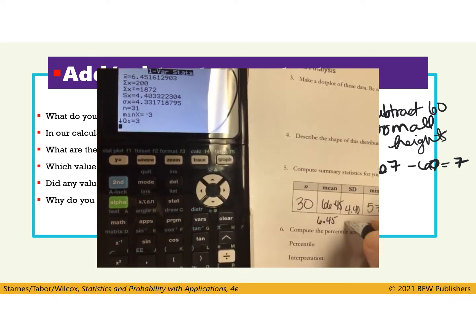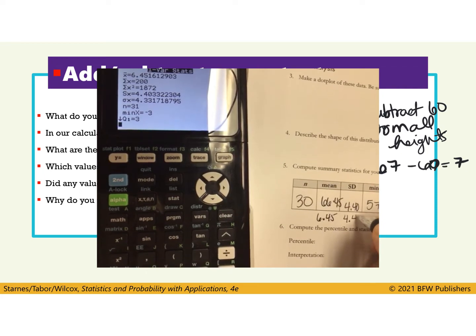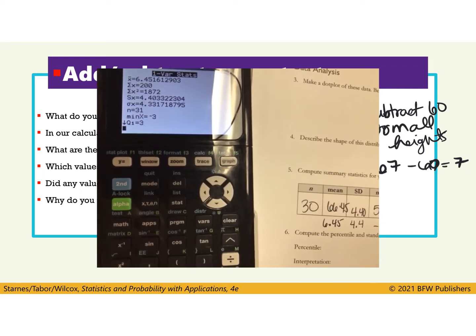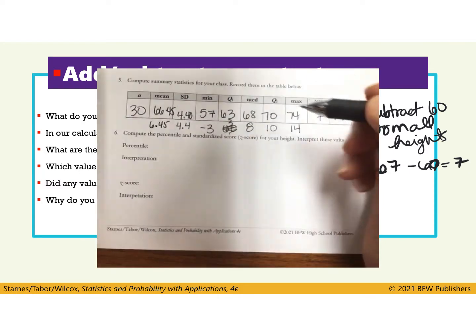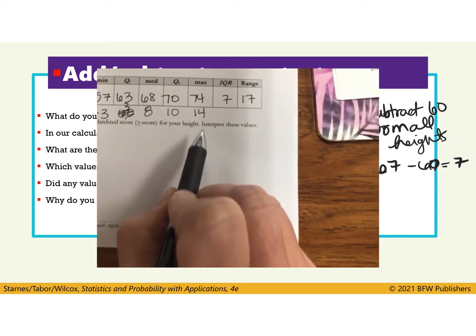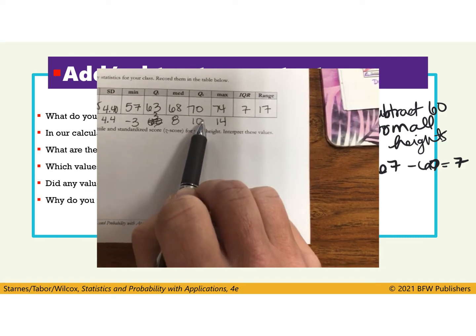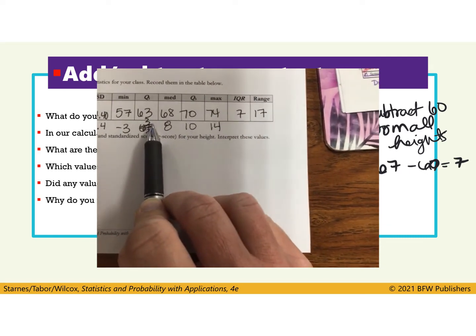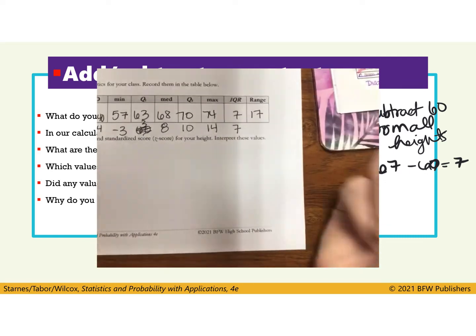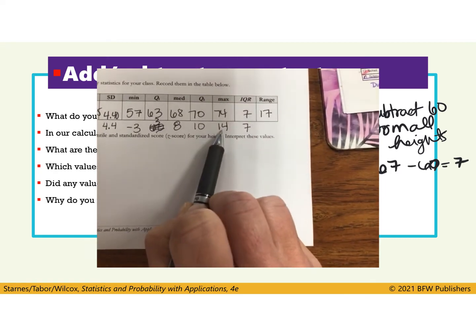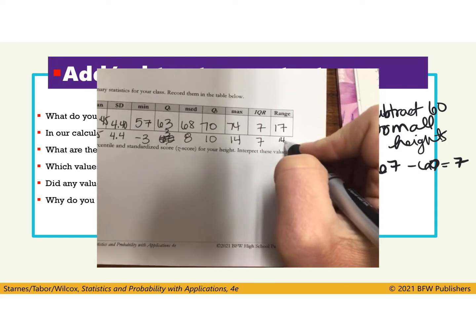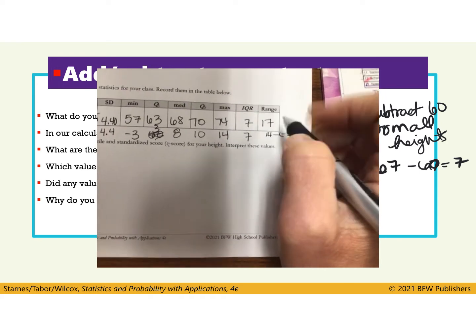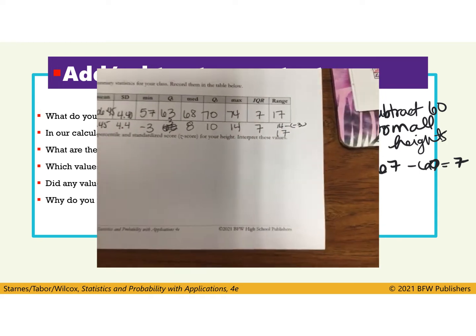The standard deviation is still 4.4. So my standard deviation did not change. My IQR is now 10 minus 3, still 7. My range is 14 minus a negative 3, still 17.